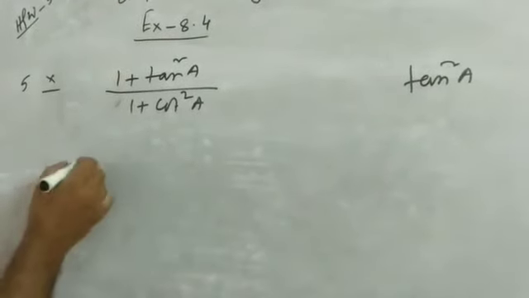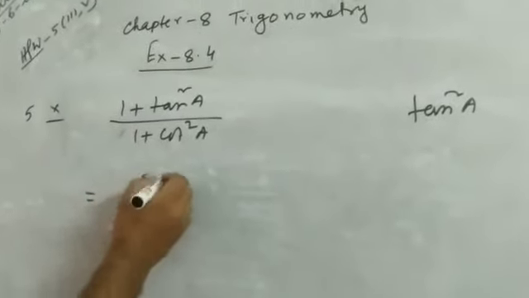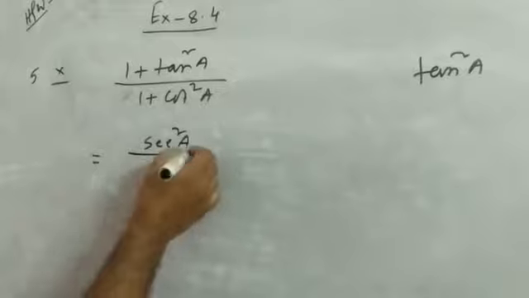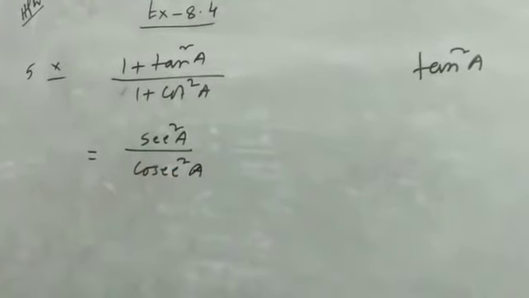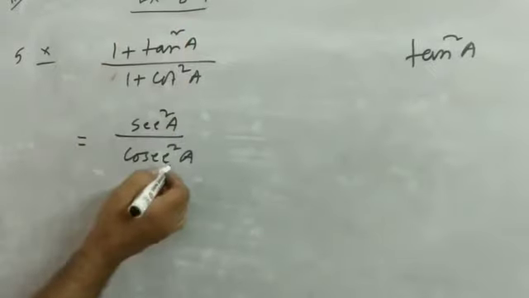So now you see, we can prove this by 2 processes also. One process: 1 plus tan square directly we can write as sec square, and 1 plus cot square we can write as cosec square. Okay, using the identity directly.